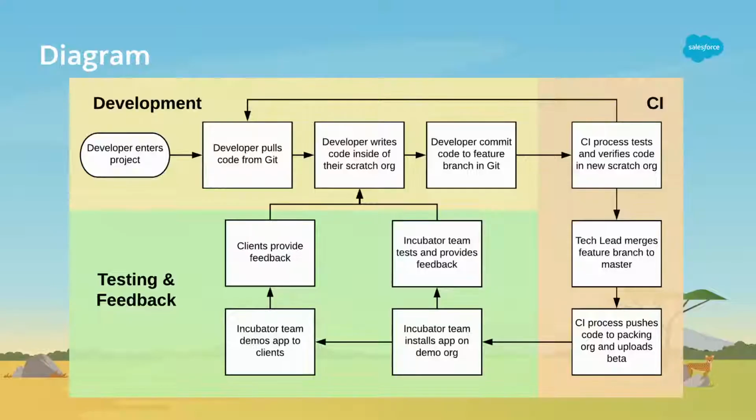Next slide, please. So the actual process in which we develop this app using the DX tool is as follows. Of course, you start off with the developer being onboarded with the project, and the first step that they do is they clone the repository from our Git repo. Now, this alone is a big change from what we're used to doing, because typically when you onboard a developer, you have to set up a developer org for them, or maybe you have to set up a username or password on a sandbox for them.